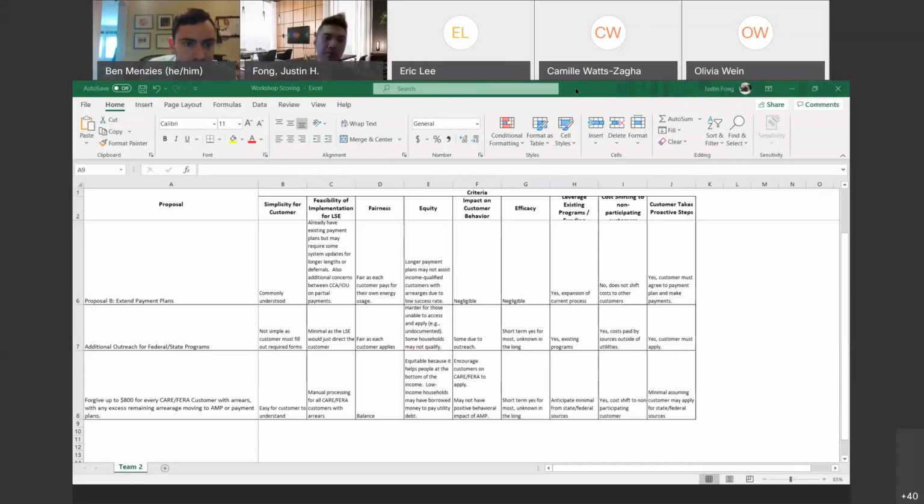And the intent here is to find whatever that arrearage amount is that would capture 80 to 90% of the Care FIRA population. And then those with larger arrears, I will talk about them next. But this Care FIRA credit would just apply to the arrearages. Customers would need to apply for it.